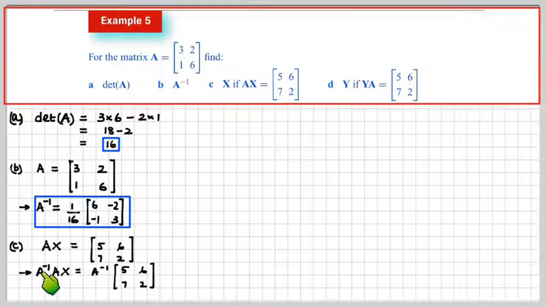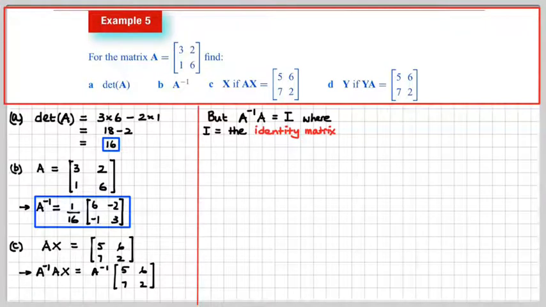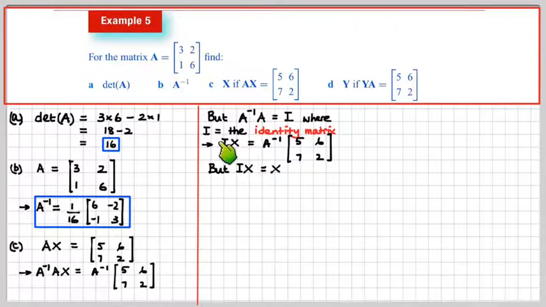So we're multiplying both sides in front, because remember the order matters, by the inverse of A. Doing that creates the identity matrix, and I is the identity matrix, which is just like a 1 in normal maths or algebra. So we know that IX, which is what A inverse times A times X equals, is equal to that.